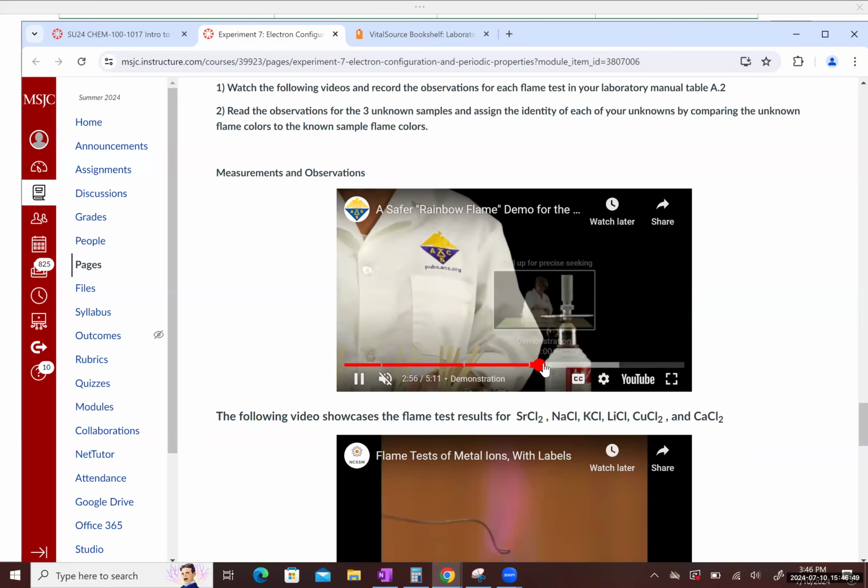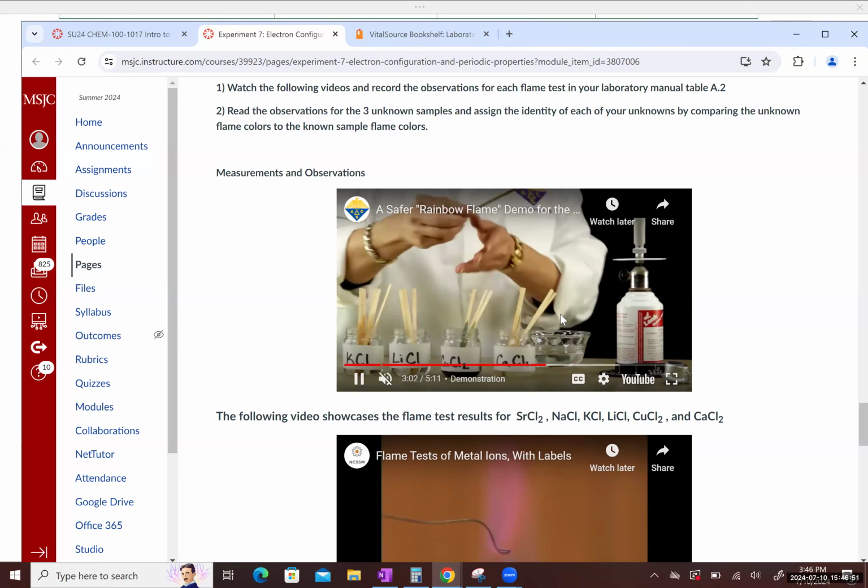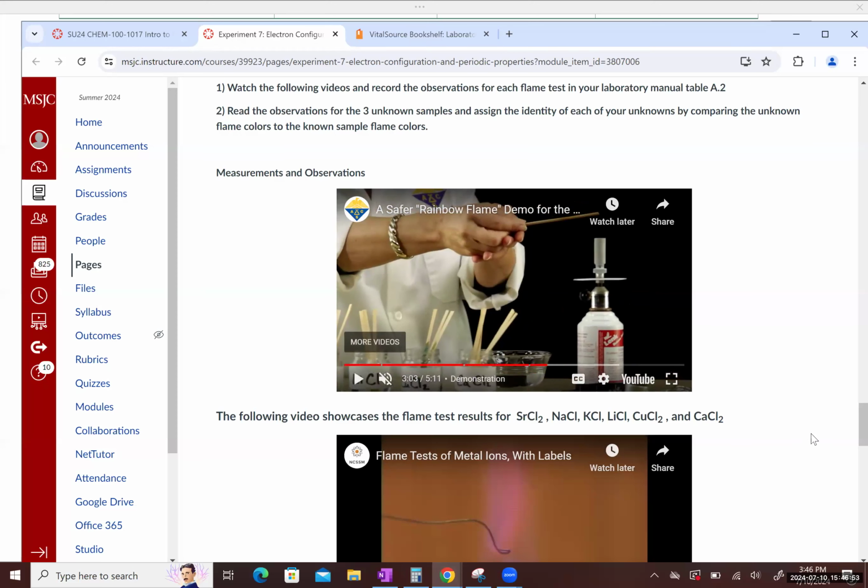So they have a Bunsen burner flame set up, and let's pause here and note that they are starting with the calcium chloride solution. So let's observe and carefully record our observations for the calcium chloride flame test result.